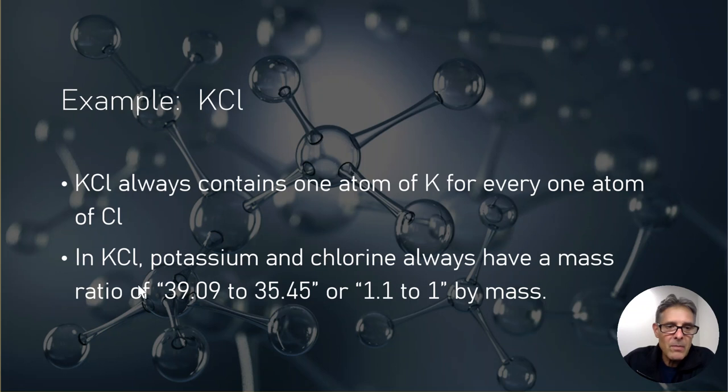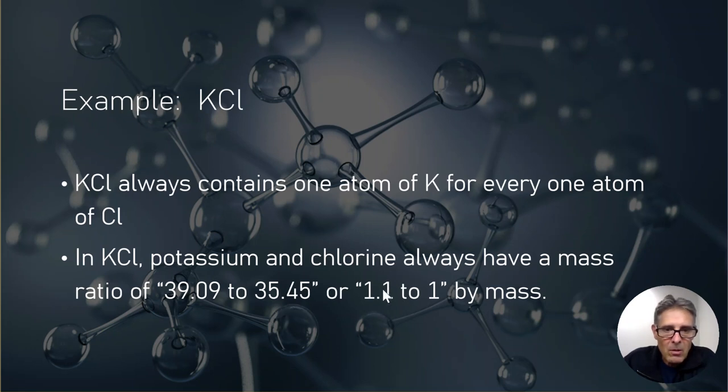And when we do that, potassium and chlorine always have a mass ratio of 39.09 to 35.45. Where do those numbers come from? If you look up potassium on the periodic chart of the elements, it has an atomic mass of 39.09. Chlorine has an atomic mass of 35.45.